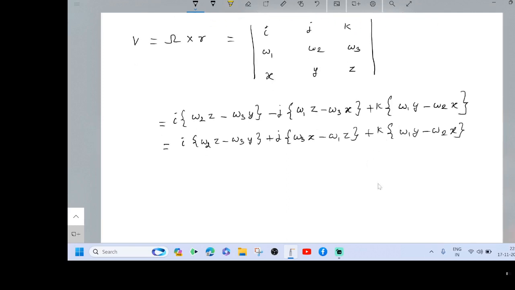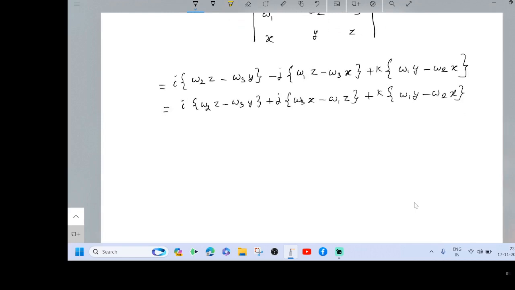Now we have to find out curl v, del cross v, which is equal to the determinant of i, j, k, the operator del by del x, del by del y, del by del z, and we have to present v.